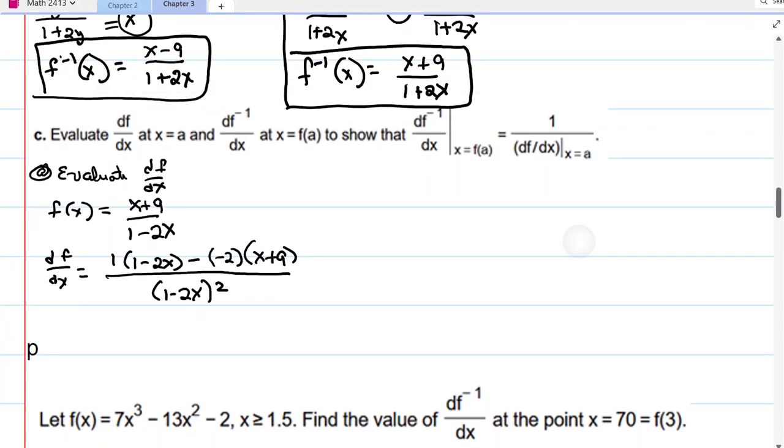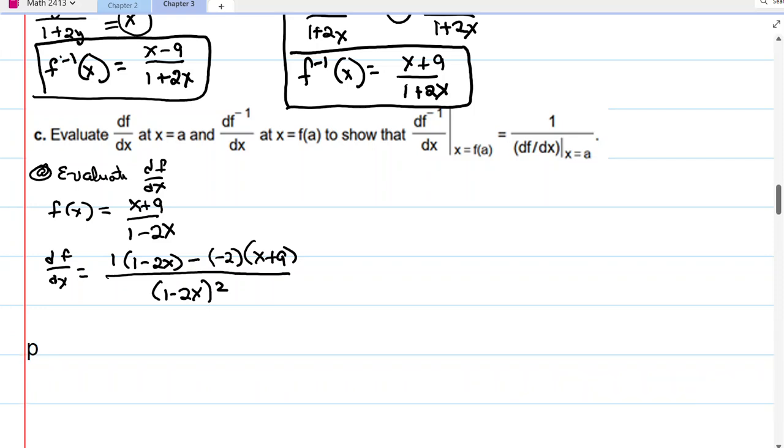Right. So we're going to do a little bit of math. Positive, all over the bottom squared.